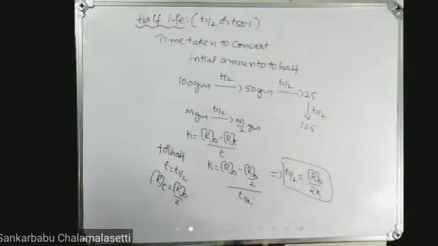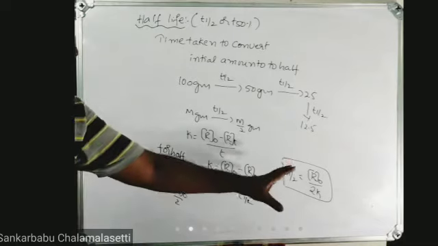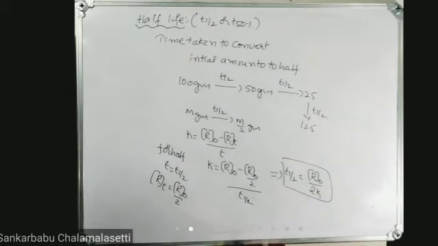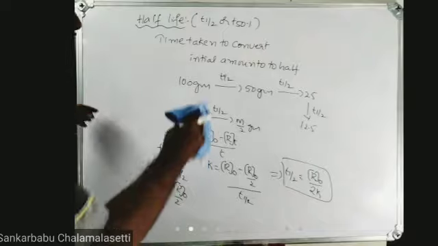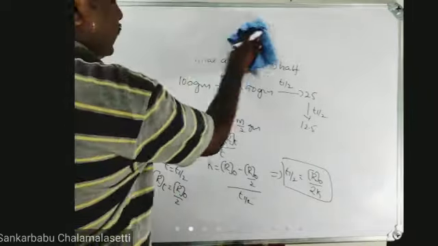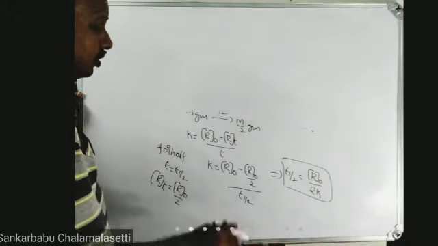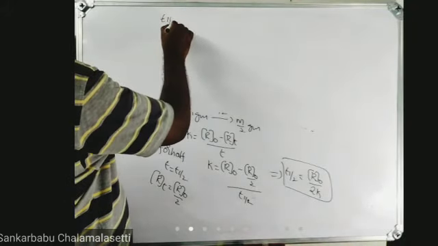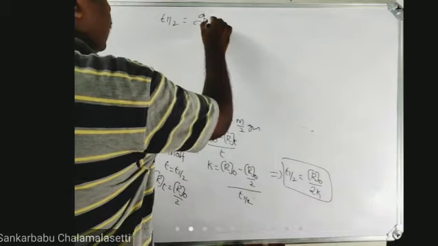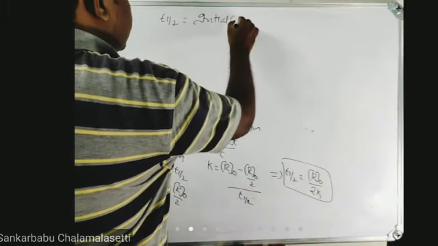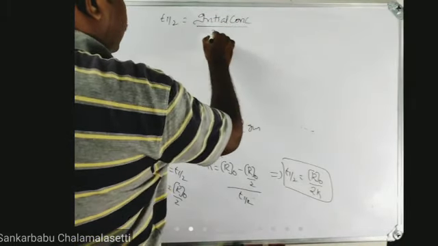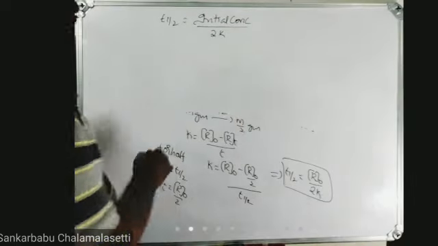That is the formula for T half for zero order: T half is equal to initial concentration divided by 2 into the rate constant.